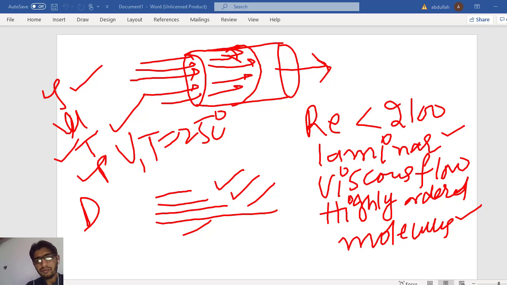So the laminar flow is a very viscous flow, and the molecules are very highly ordered in the laminar flow.